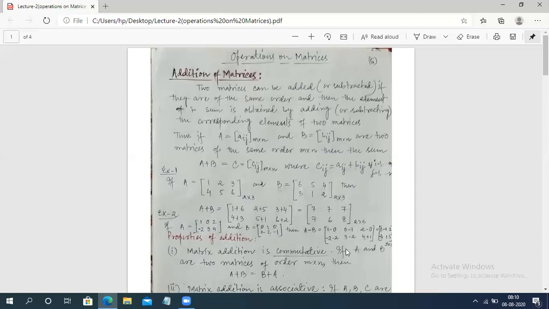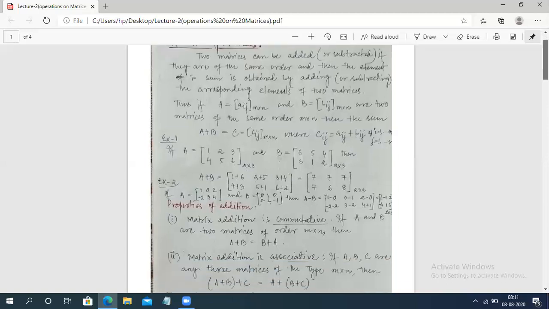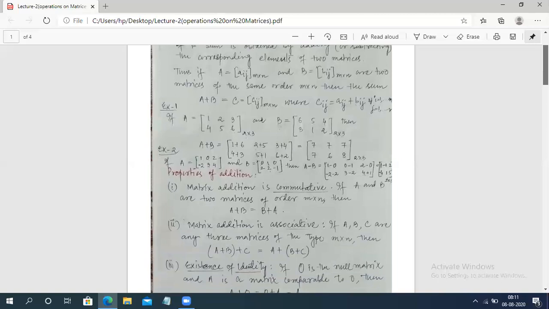And the resultant matrix will again be of the same order. So for matrix addition and subtraction, the rules are completely the same.